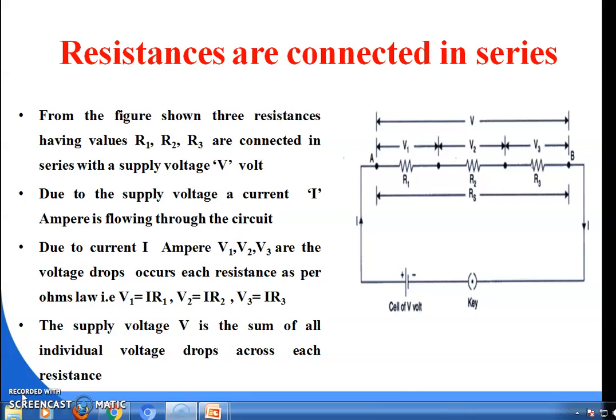In series connection, the resistances are connected one after another. This is the formula: V1 is equal to IR1, and if n number of resistors are there, then Vn is equal to I Rn. Understood?